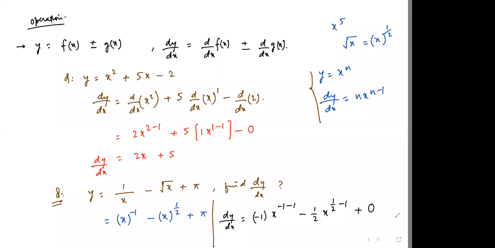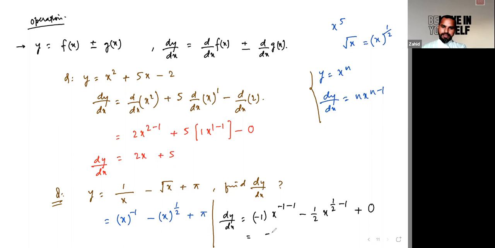Alan? Yes. So now on simplifying, you will get -1 x raised to -2. On bringing it to the denominator, it will become x squared. Then +2 minus half, on solving, you will get x raised to -half. On moving it to the denominator, it will become x raised to +half, and x raised to half is nothing but the square root. So it will be like this.